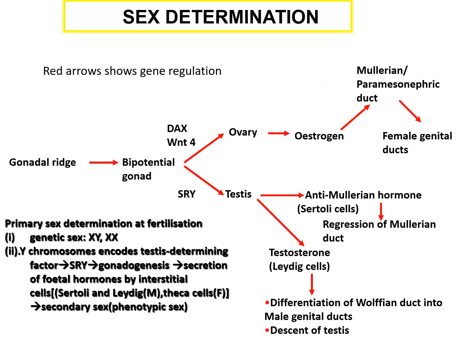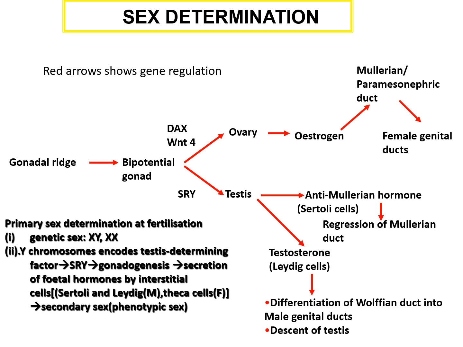It is a chromosome, but we have a region of this chromosome. This is called the sex determining region, or SRY. This is the part which secretes a substance which controls the differentiation of the sex.